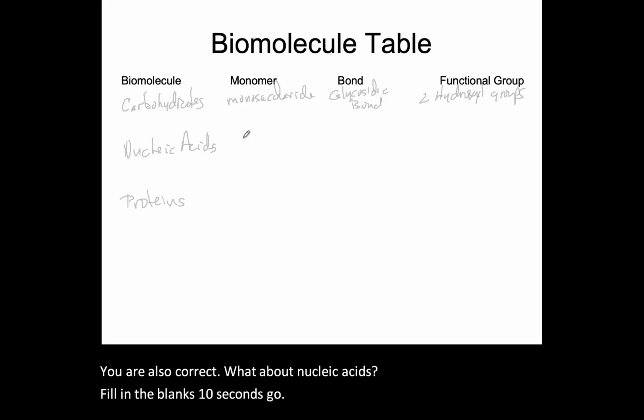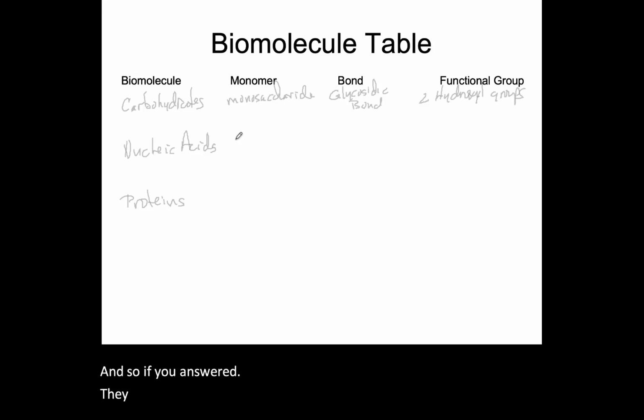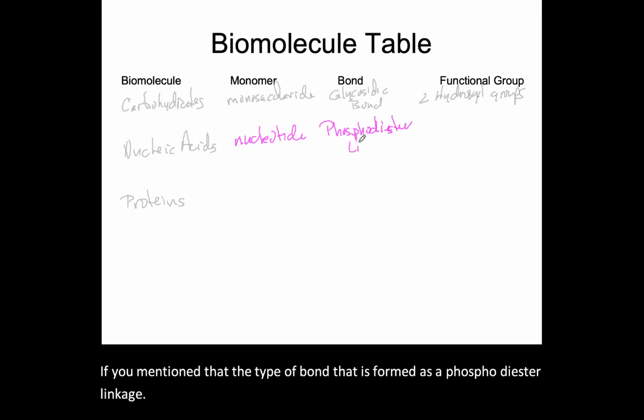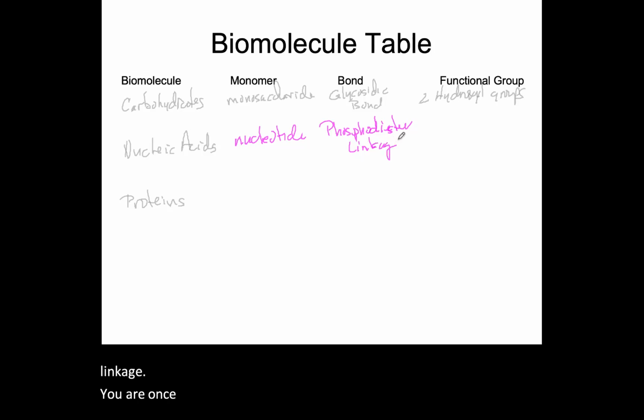And so if you answered that the monomer of a nucleic acid is a nucleotide, congratulations. If you mentioned that the type of bond that is formed is a phosphodiester linkage, you are once again on fire. You are correct.